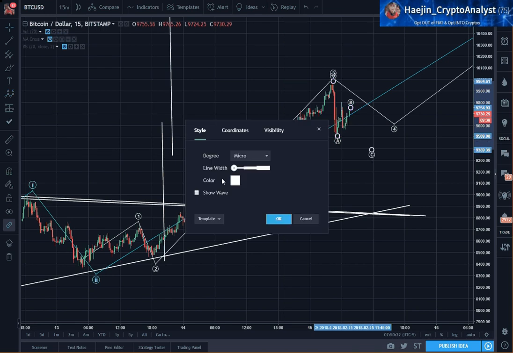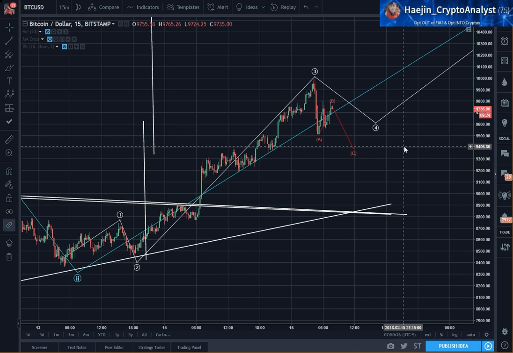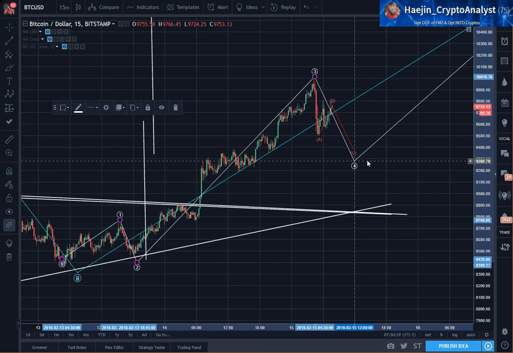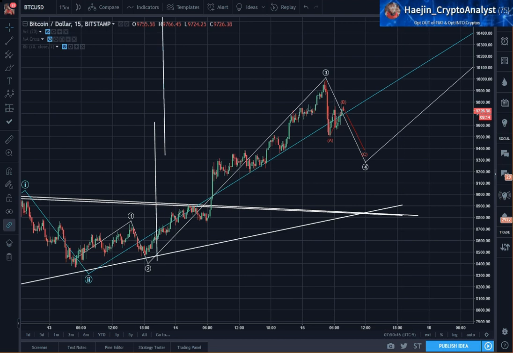And we may have an ABC, probably a zigzag. That means we could potentially hit 9,500 somewhere in this region, but it has to be below A. And that could be this very simple 5, 3, 5.